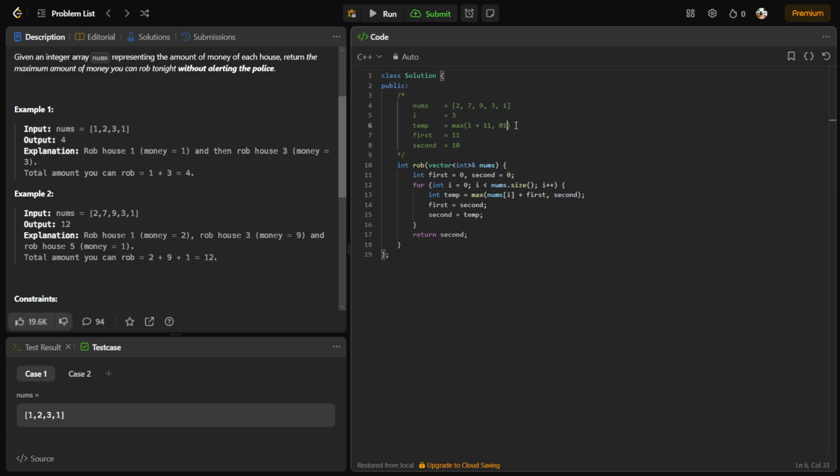In this case, we all know that 1 plus 11 is 12, which is bigger than 10. First becomes second, second becomes temp, which is 12, which is also the maximum amount of money you can rob from these houses. Return second, which is 12.